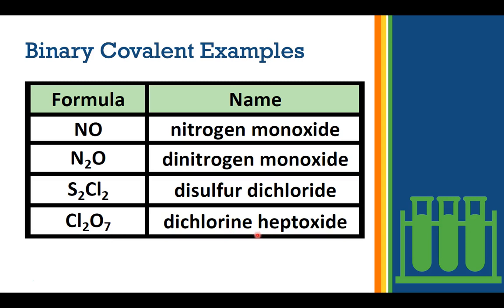Hept means there's a 7 subscript. So dichlorine, because remember, IDE is for the ending on ions and for binary covalent, okay? So we're calling it as it is on the periodic table. It's listed as chlorine, so dichlorine heptoxide. Does that make sense?